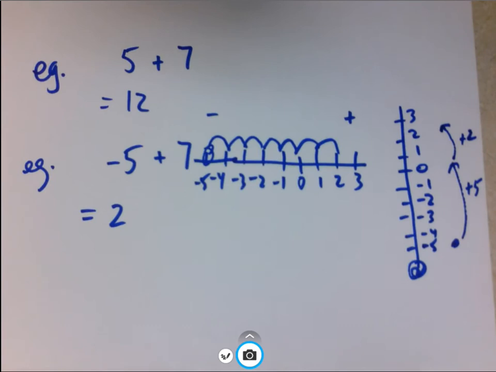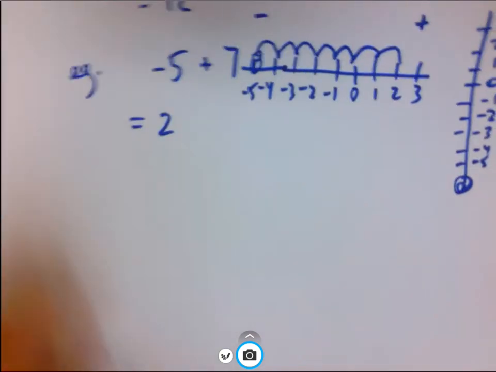So if temperature helps to think about negative is cold and positive is hot, you can think about addition and subtraction as adding heat or subtracting heat, adding cold or subtracting cold. Okay, so let's try a couple more things.